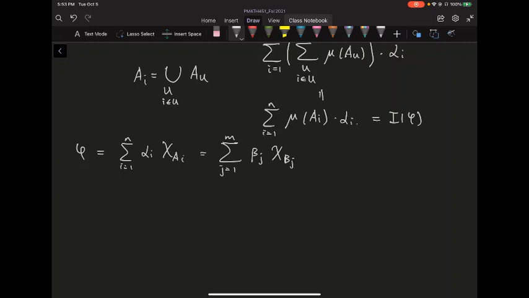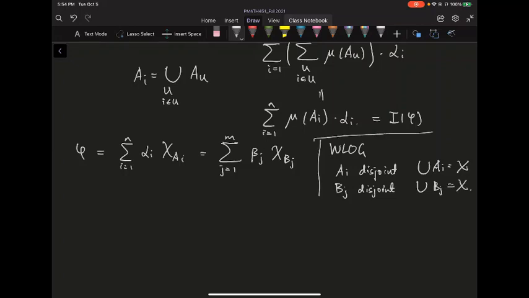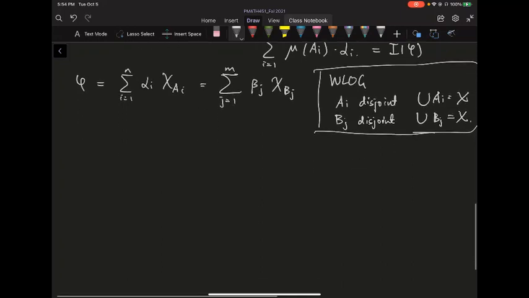From what we just saw, without loss of generality, we can assume that the A_i are disjoint, and their union is equal to the entire set. Also, the B_j are disjoint, and their union is the entire set as well. This is basically what we just saw.